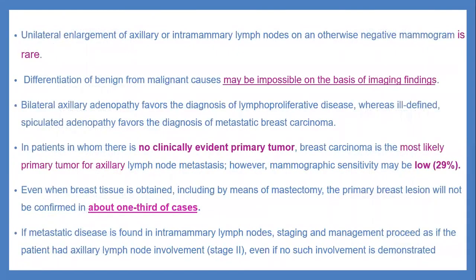So unilateral enlargement of axillary or intramammary lymph nodes on an otherwise negative mammogram is rare, but it occurs, and then you might find an occult breast cancer. Differentiation of benign from malignant causes may be impossible on the basis of imaging findings. Even if you have seen it on imaging and raised suspicion, it might still be a benign cause like reactive hyperplasia.